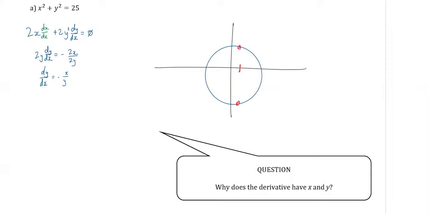They're going to be different. So it makes sense algebraically, graphically, and conceptually, hopefully, that the derivative in this case would have to have a y in it so that we could determine which of those 2 points we're finding the slope of. Okay.